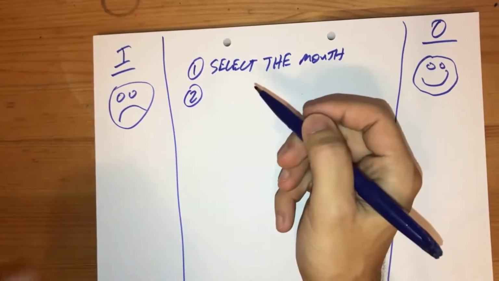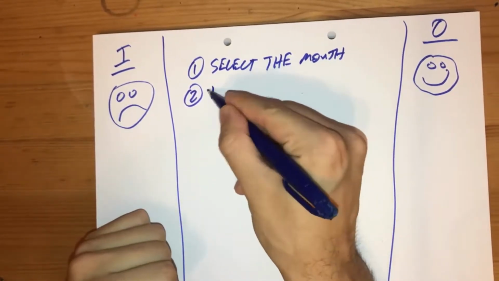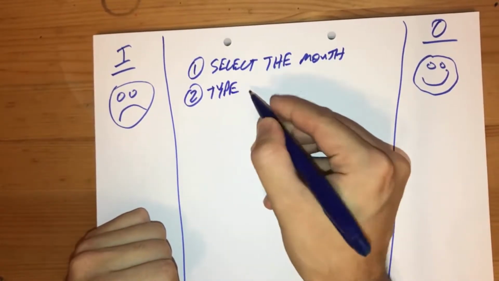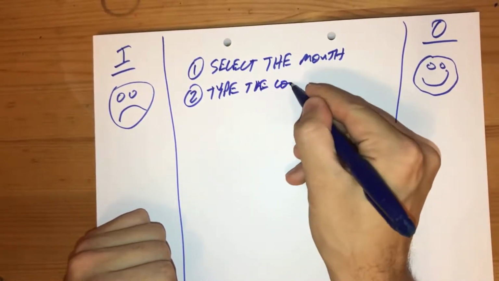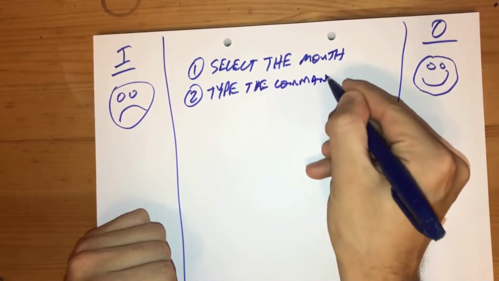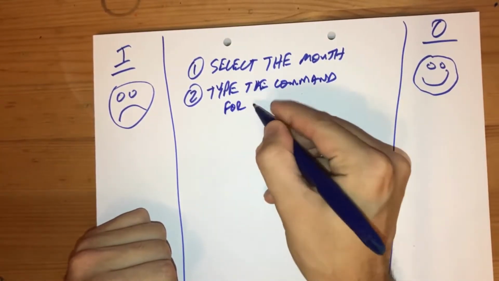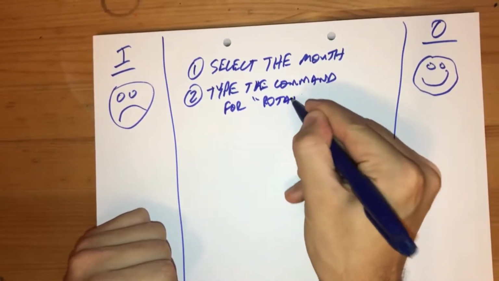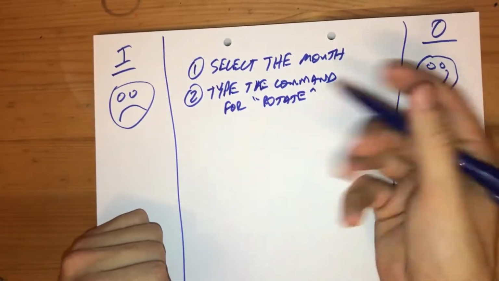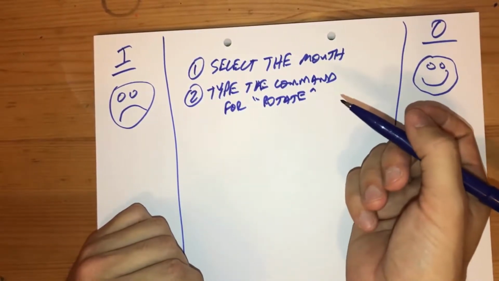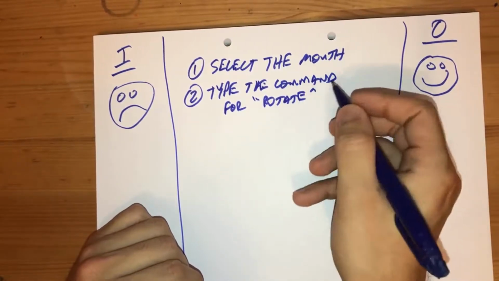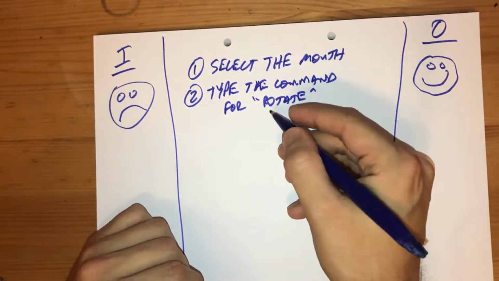Step number 2 is you have to type in, let's say, or type the command for rotate. Okay, so if they were doing this with the machine, they'd have to be doing it with rotate. And then really the key is this is a command. It must itself take inputs and outputs.